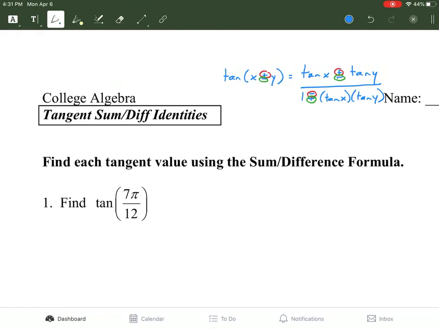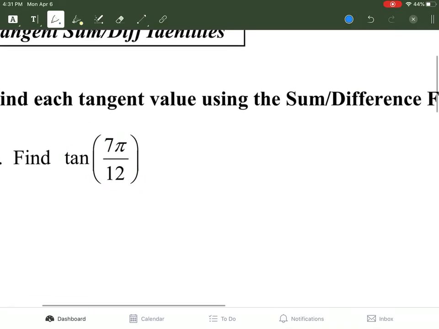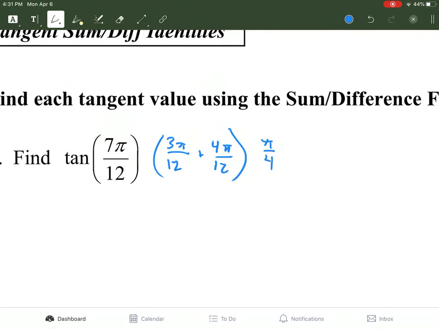So you've got to find a numerator that can be reduced with the denominator. So for this case, what we're going to do is 3 pi over 12 plus 4 pi over 12. That gives you 7, and they can both be reduced using 12. We'll end up with pi over 4 plus pi over 3.